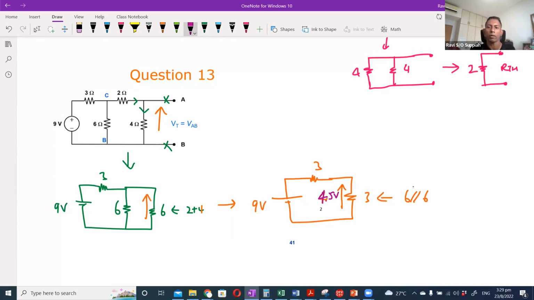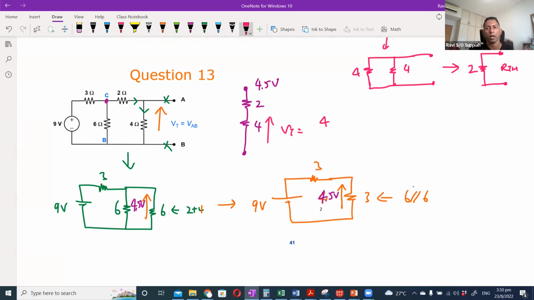So it is 4.5 volts across this 3 ohm resistor, which means the same 4.5 volt here. All right, so coming back over here, the 4.5 volt is over here, correct? So it's across the 6 ohm resistor and across the 2 and 4 ohm. If I look at the 2 and 4 ohm, basically this is what I have, correct? 4.5 volt, and I have a 2 ohm resistor and a 4 ohm resistor, and the VT is the one across the 4 ohm resistor.